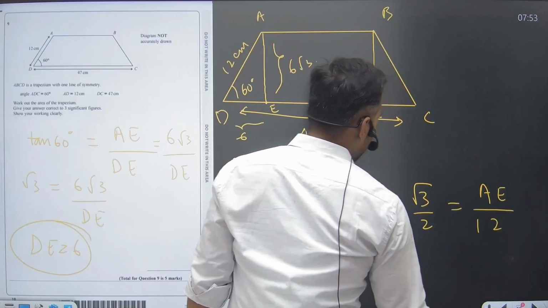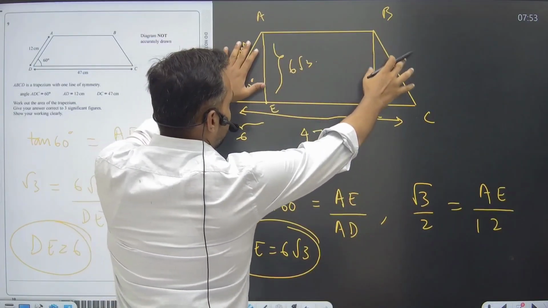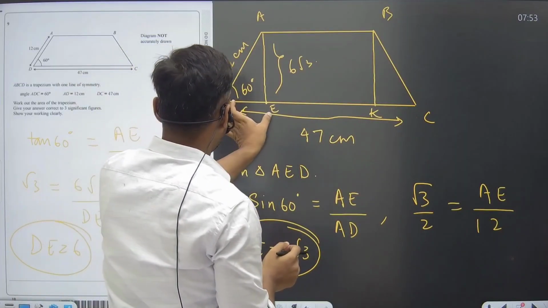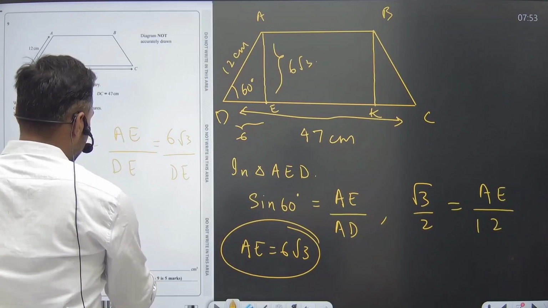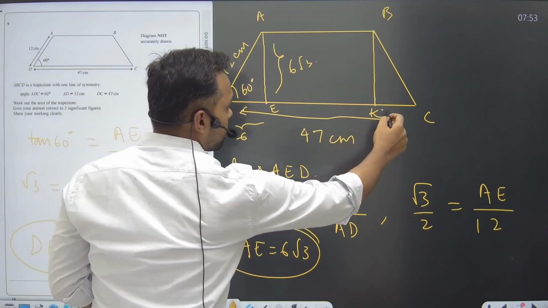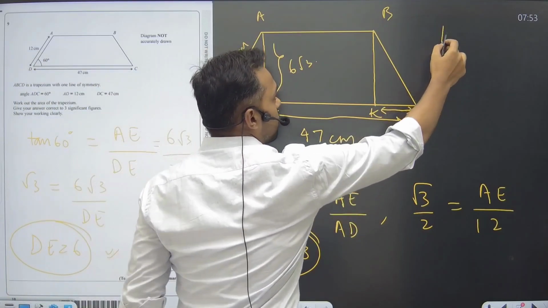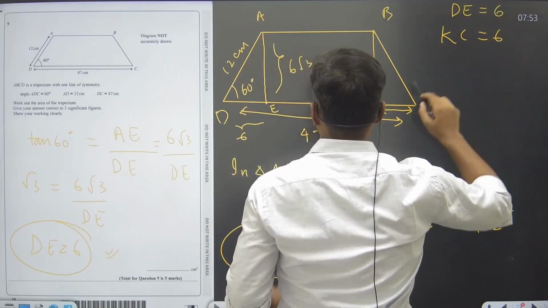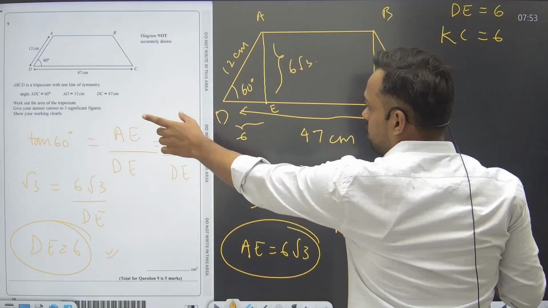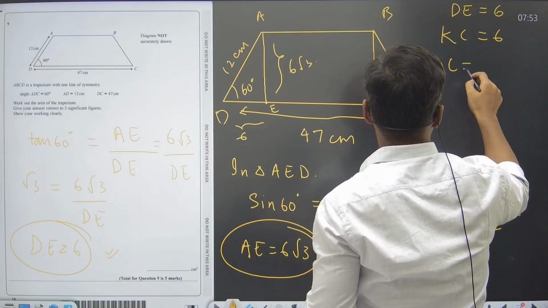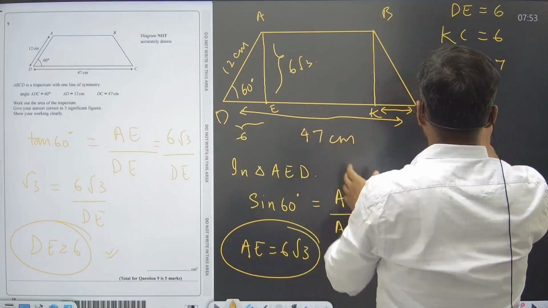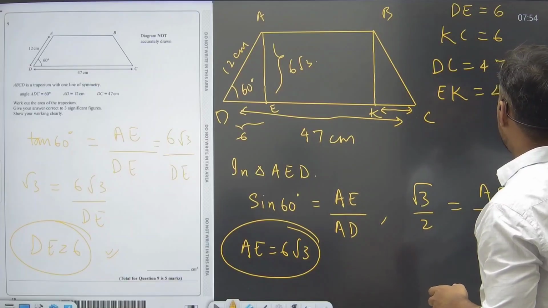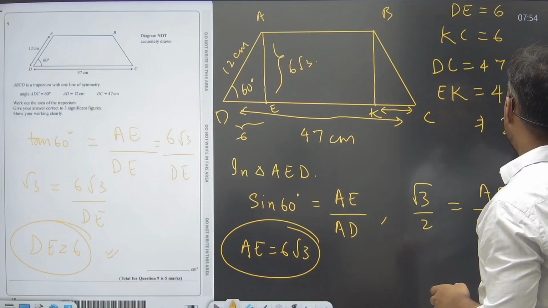Okay, we have got the area of both the triangles, and we have also got the value of DE. DE is 6 centimeter, and similarly KC will also be 6, because we have calculated DE equals 6. Now we know that DC in this question, student, is 47 centimeter. So for calculating EK it will be 47 negative of 12, you will get the value as 35.